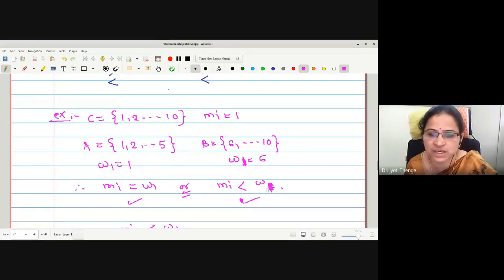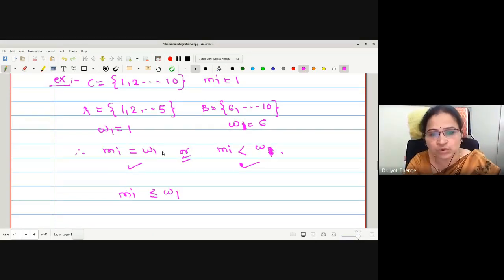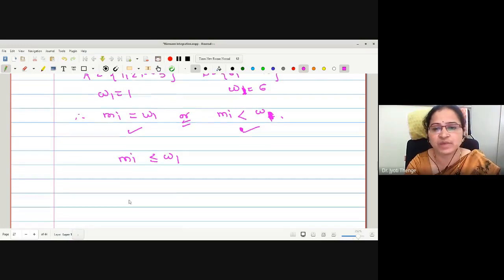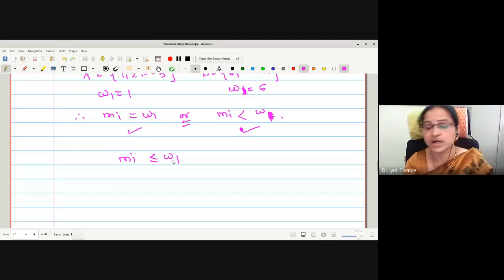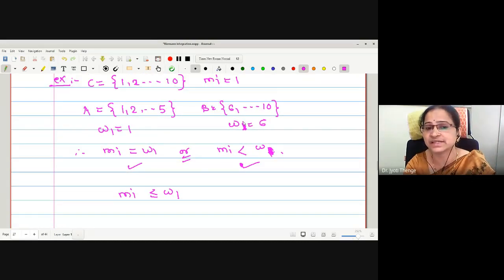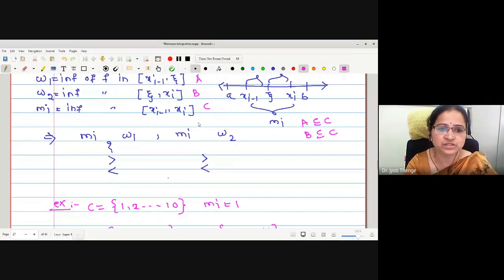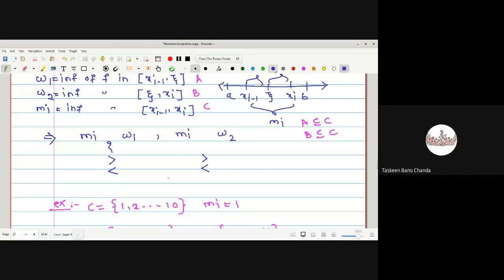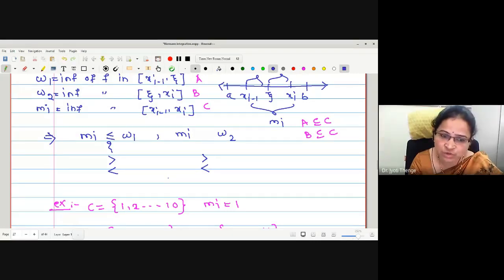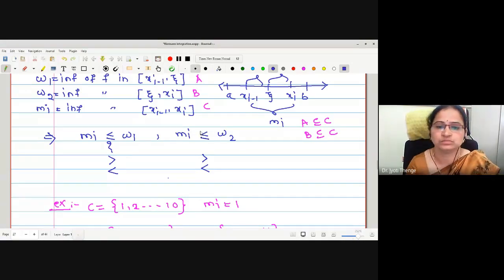A is also a subset of C. Therefore, I will write W1 for both. Then in one case Mi is equal to W1, in another case Mi is strictly less than W1. Therefore, combining both cases one can write Mi is less than or equal to W1. We don't know what kind of set it is. Therefore, for W2 also, W2 is the infima of another subset B of C, right? Therefore, Mi is less than or equal to W1. Similarly, Mi is less than or equal to W2, right?